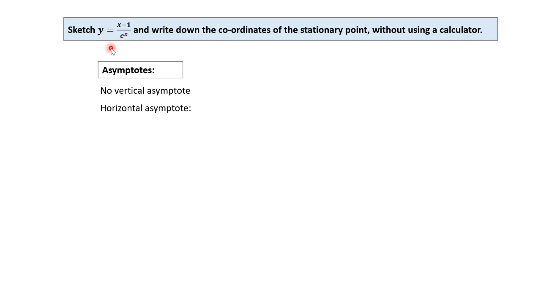Okay, I then look at my horizontal asymptote. It's quite tricky to get my limit to infinity in this form, but look what happens if I write it in that form. I'm going to have y equals (x minus 1) e to the negative x. Now if you look at the graph, as x tends to infinity, and if I just look at the graph e to the negative x, it looks like that.